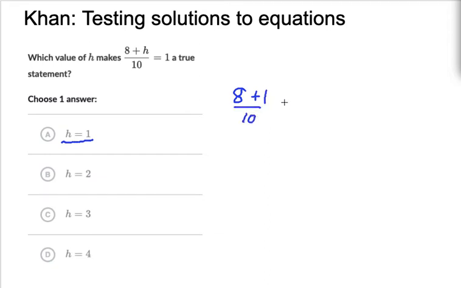And we want to know, does that equal 1? We have to do the work on top of the fraction bar first. So we have 8 plus 1, which gives us 9 divided by 10, and we can tell right there that that does not equal 1. So that is not our solution to the equation. We can stop right there because that is not equal. In order for it to be equal, we'd have to have 10 on top.